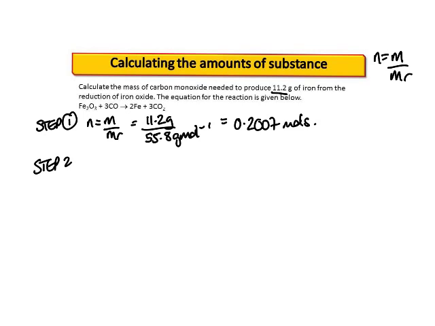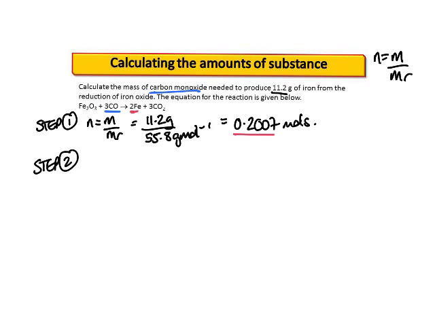Step 2 is using this value that we've got here, so we know there's 0.2007 moles of iron on this side. The question is asking us to calculate the mass of carbon monoxide needed. This carbon monoxide is shown in our equation here.